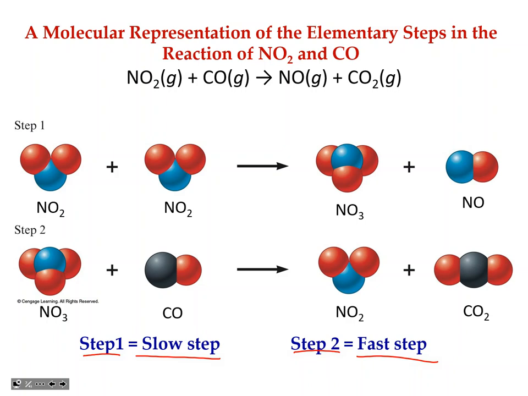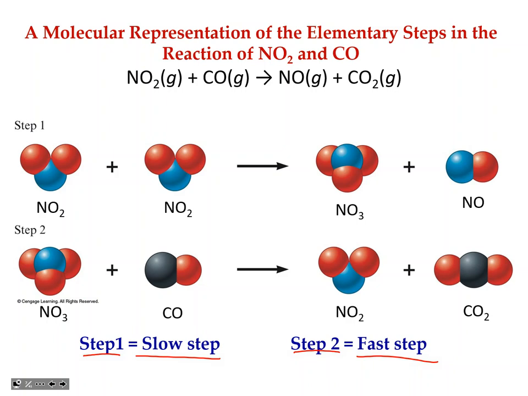Before we get into writing the rate law, let's see if we can find any intermediates or any catalysts based off of what we just defined. Any intermediates? Something that is formed and then consumed, doesn't stick around, not a part of the overall balanced reaction. Which chemical species up here would be an intermediate?